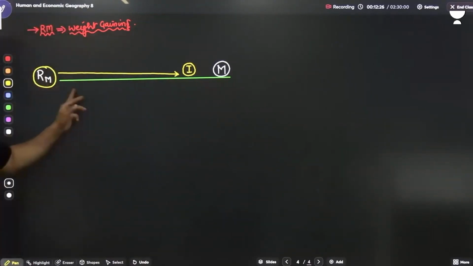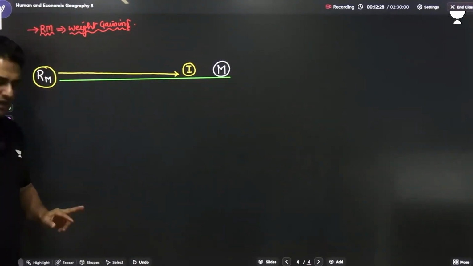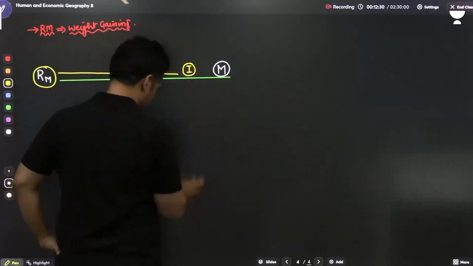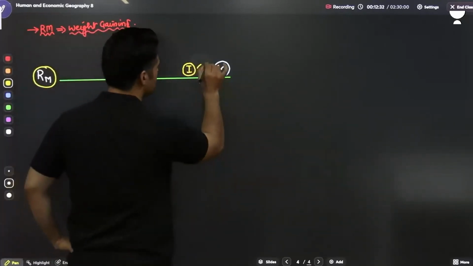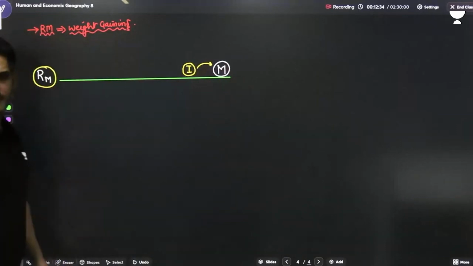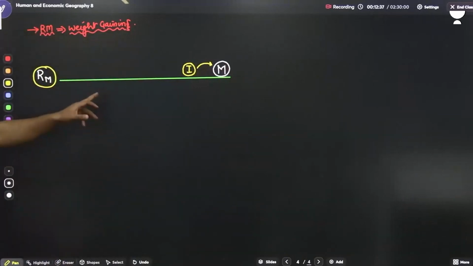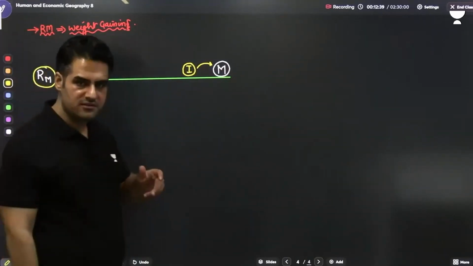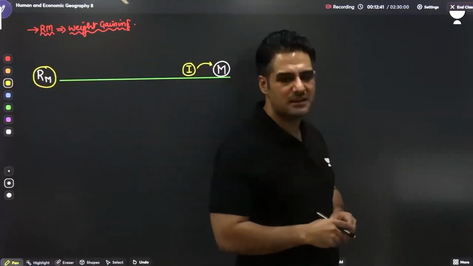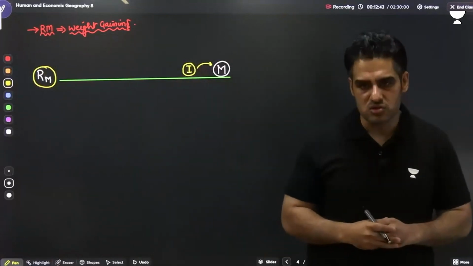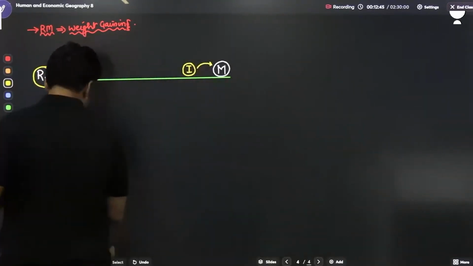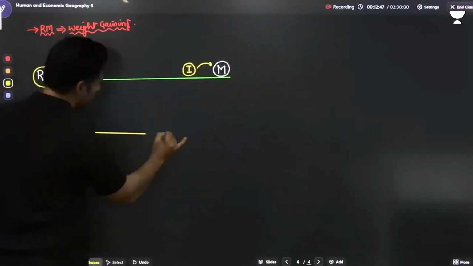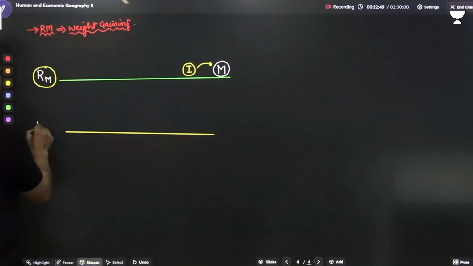Lighter. So what will be transportation and labor cost? Less. After that, there will still be transportation cost and labor cost, but what is distance? Less. Is this clear? So it is not that the industry is located where the raw material is; it depends on whether raw material is weight gaining or weight losing. I will give another example here. You have the raw material.